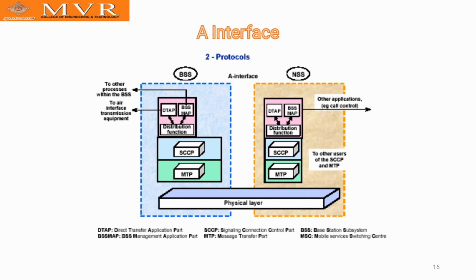The BSS has control and processing, so it has the modules SCCP, signaling connection control part, and MTP, message transfer part. So the base station subsystem and the network switching subsystem communicate by using the interface involving the physical layer. So this is the interface of protocol 2.